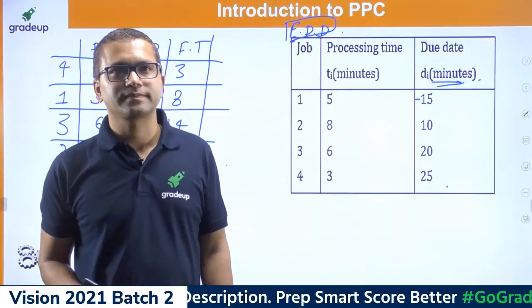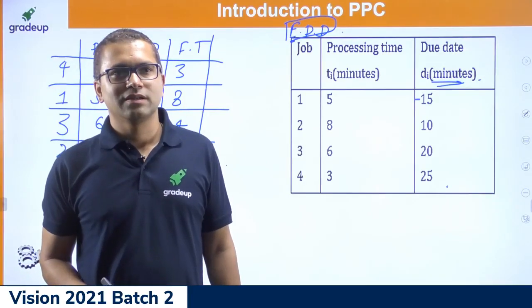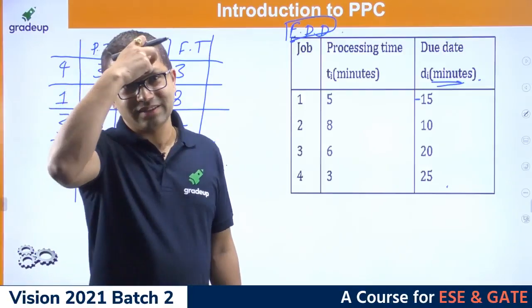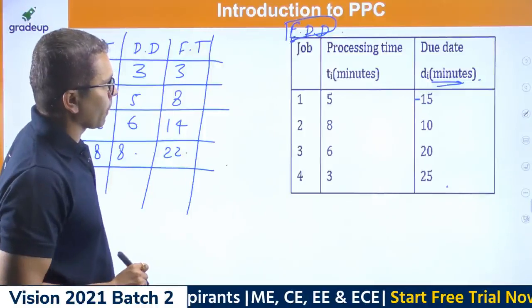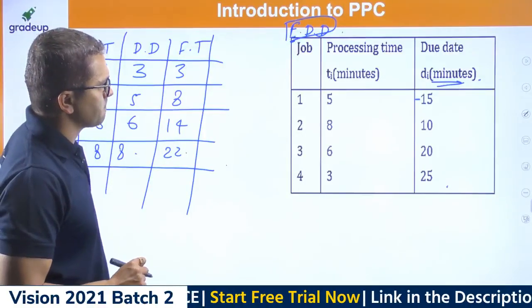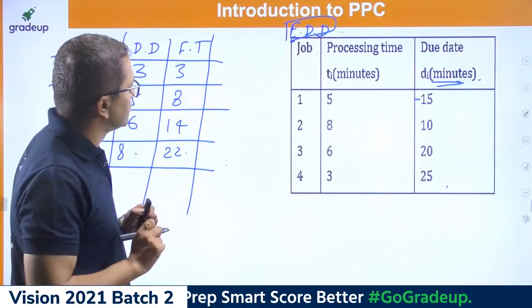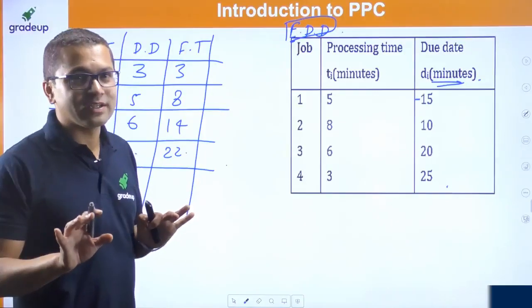Is it good? Yes, Naveen, you're right. Okay, fine. So this is all from here. You can go back and look at how much difference it gives, EDD versus shortest processing time.